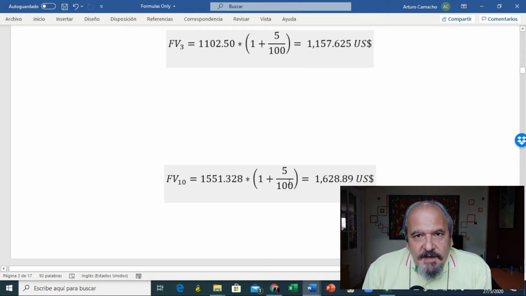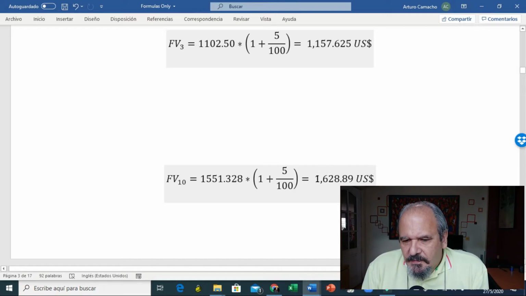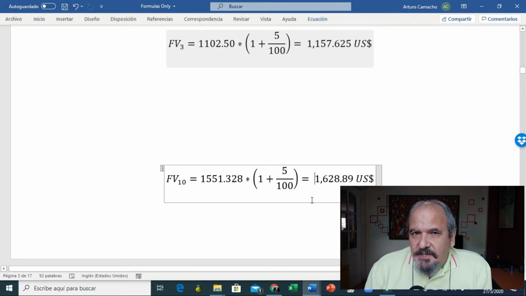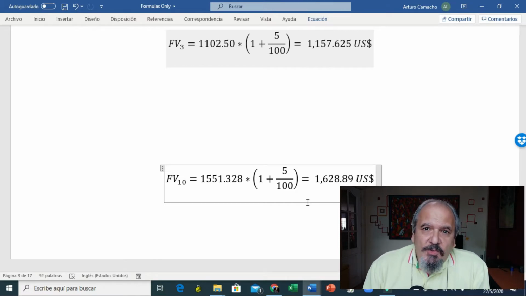Then we apply the 5%, and we will get $1,628.89. See how different it is from the $1,500 we just calculated with the simple interest formula? Imagine if the interest rate is higher or the number of periods is higher. The results will be much different.